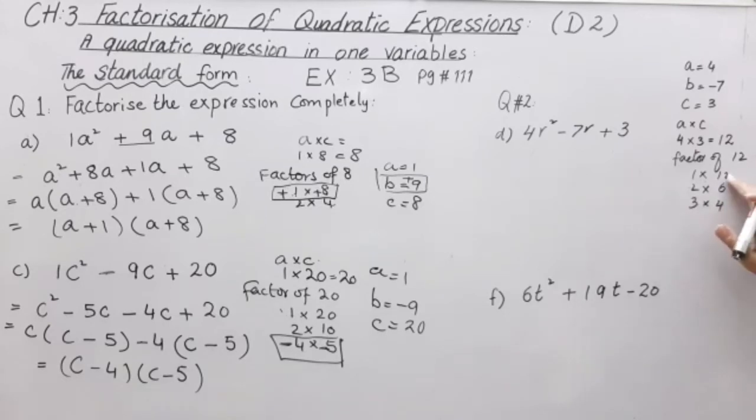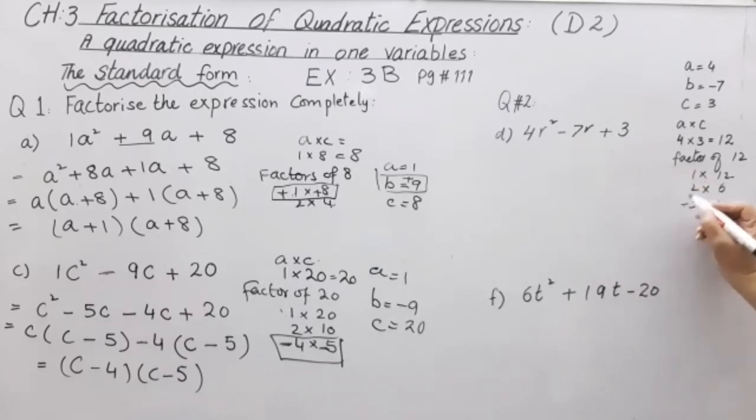We know when we add 12 and 1, 13; subtract, 11. No. 6 plus 2, 8; 6 minus 2, 4. No. 3 plus 4 is 7, and we need 7 here. So minus 3 and minus 4.